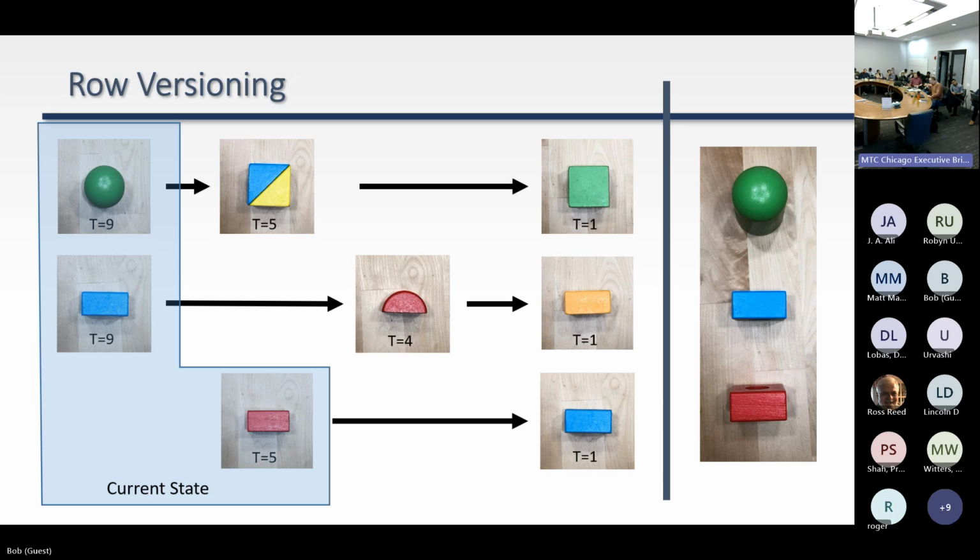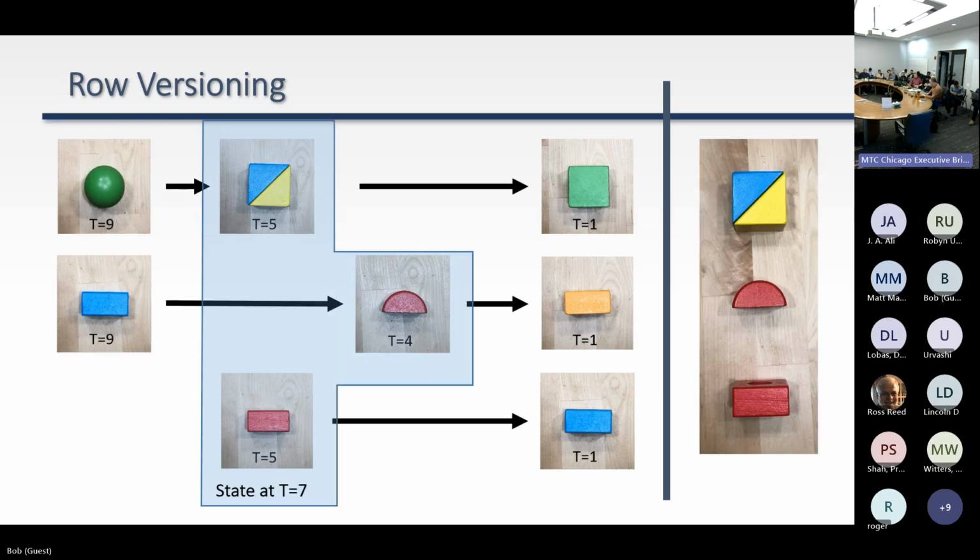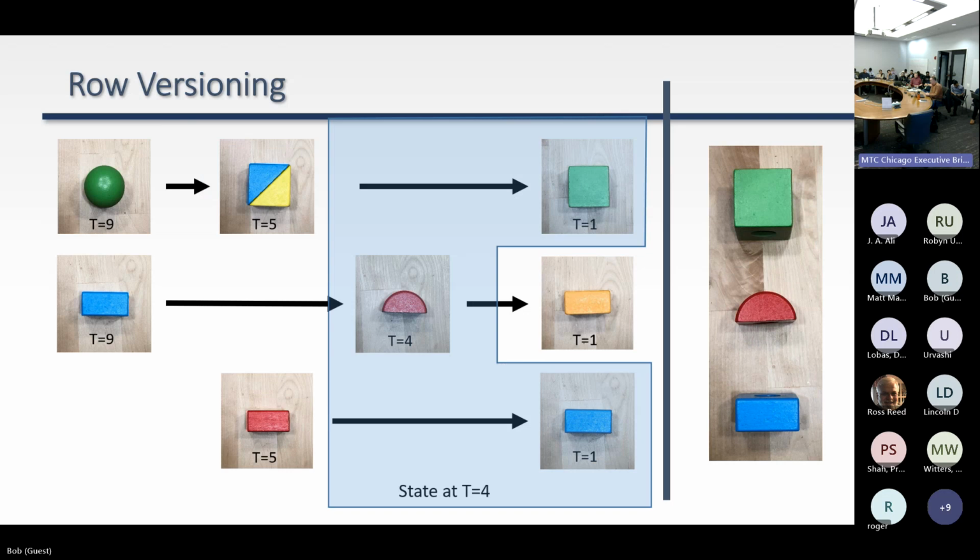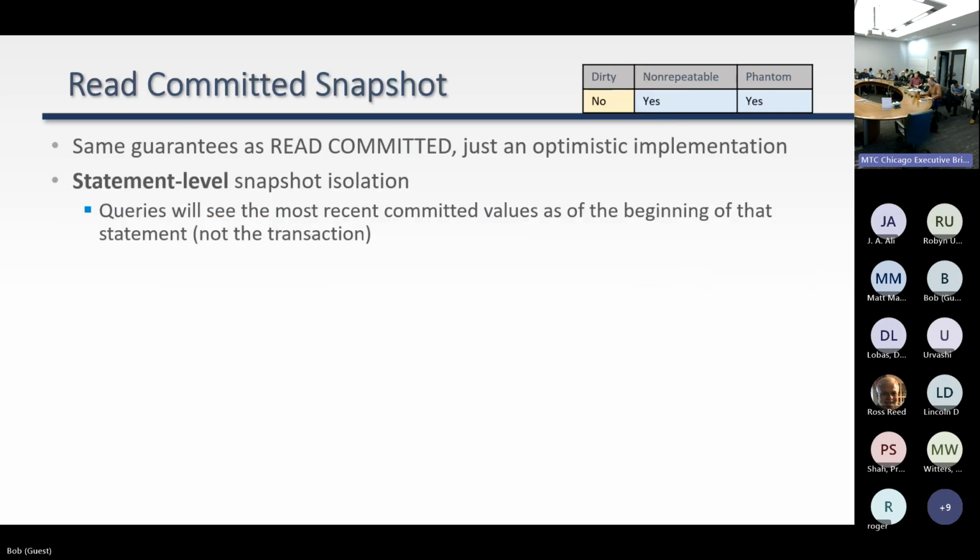They're showing on the right side of the slide: green ball, blue rectangle, red rectangle. But if I go back to a previous point in time in the version store, so maybe I say, what was the state at t equals 7? Well, at t equals 7, this was the state, right? And if I go further back in time, t equals 4, well, this was the state. So we can reassemble what the state of the table was at any point in time by using this row version store to do that.